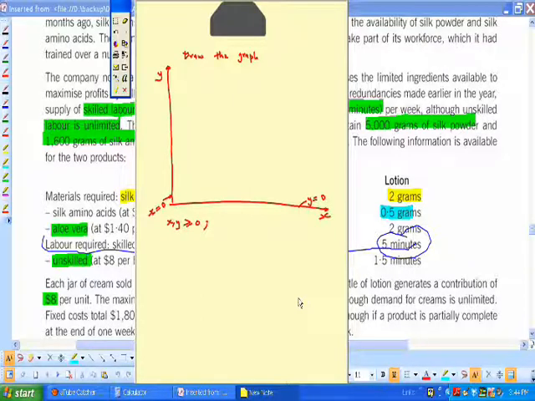Then we had the line y less than or equal to 2000. That is a horizontal line going through y equals 2000.